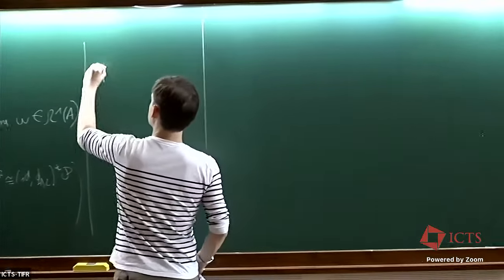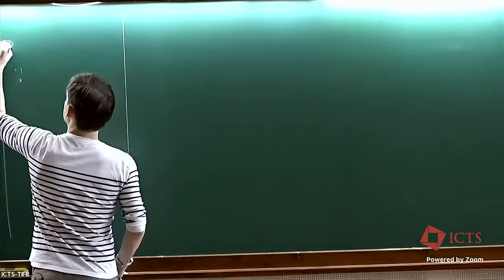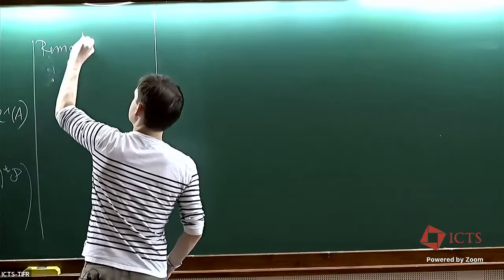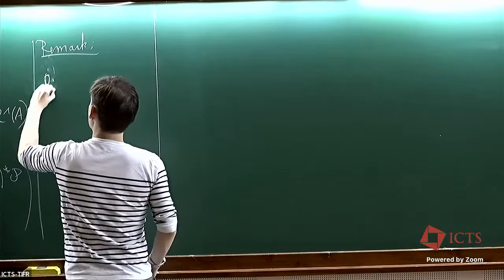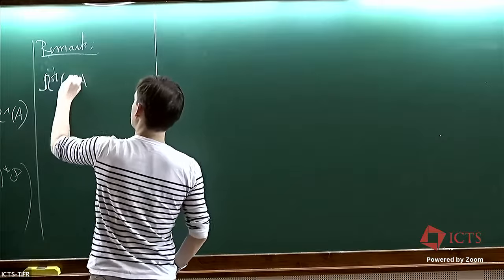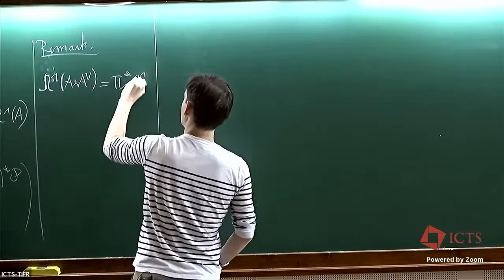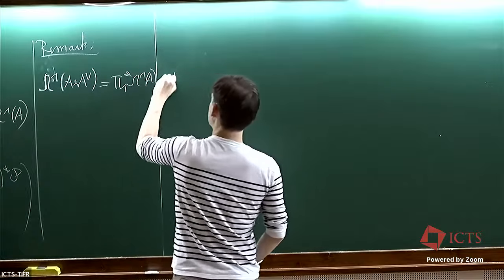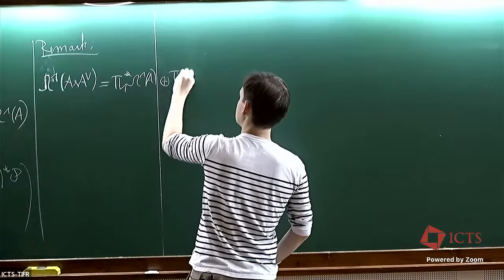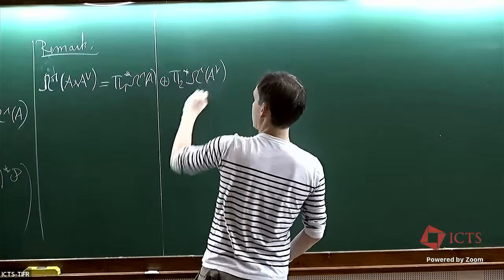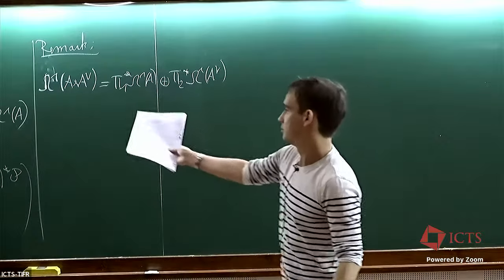Here you have that omega 1 of A times A dual actually can split as pi 1 star omega 1 of A plus pi 2 star of omega 1 of A dual, with the projections over A and A dual.